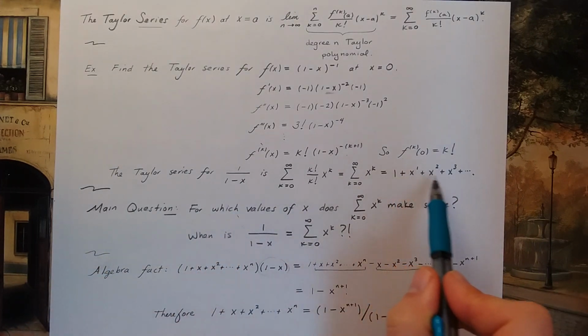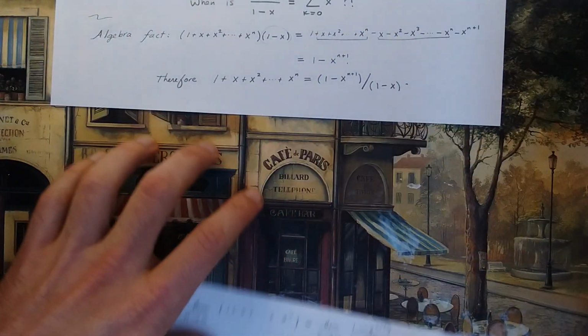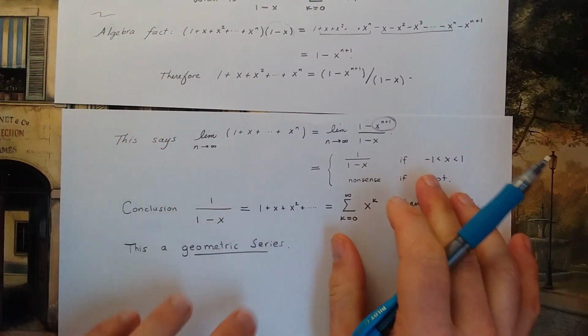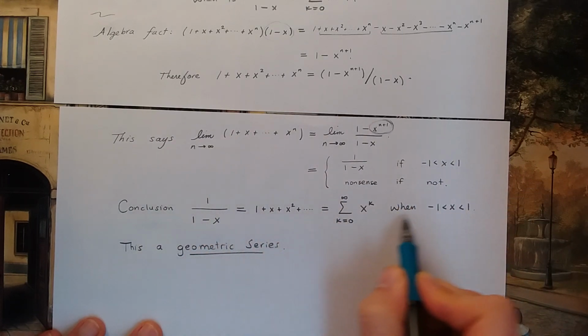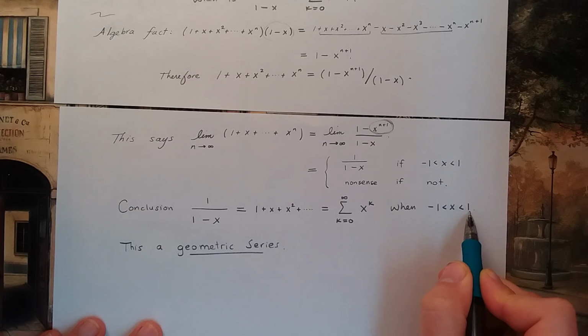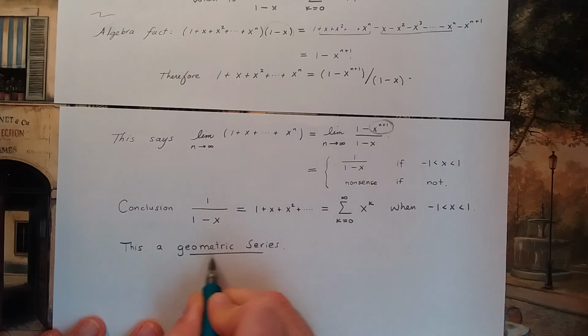Some values of x make this equation true. Some values of x don't make it true. And we found the values of x that make this equation true are those values in between negative 1 and 1. This series has a name, the geometric series.